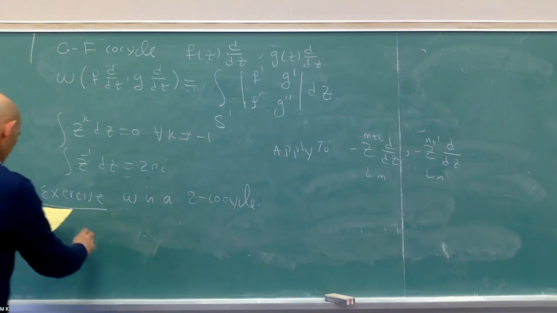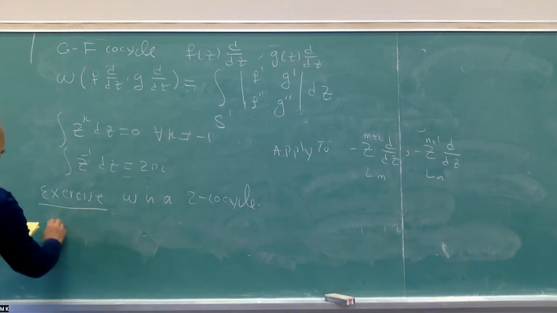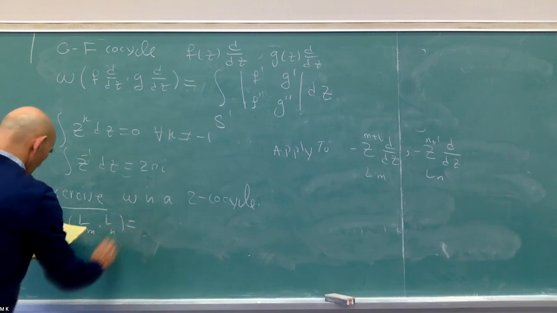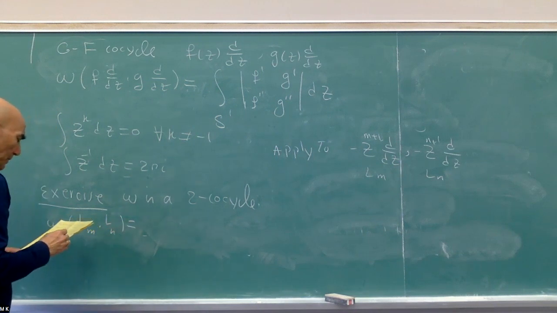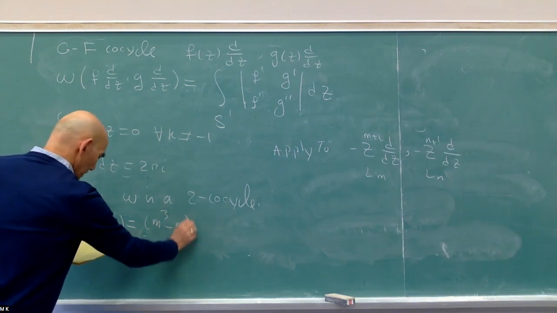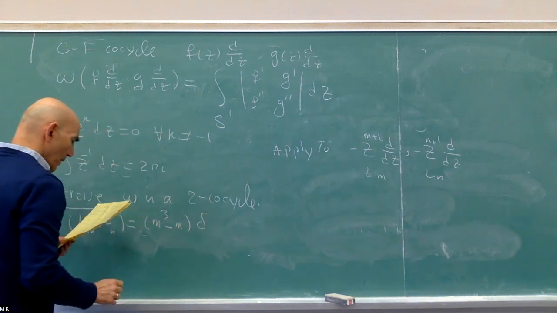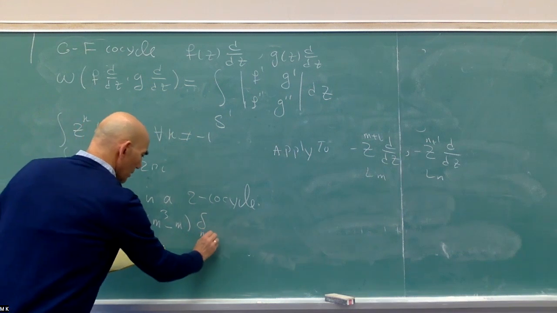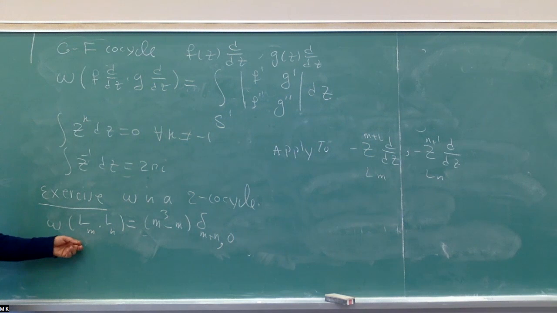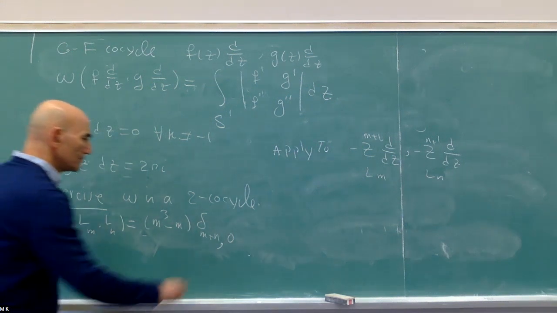In other words, it is basically m cubed minus m, delta n plus n. This is yet another exercise.